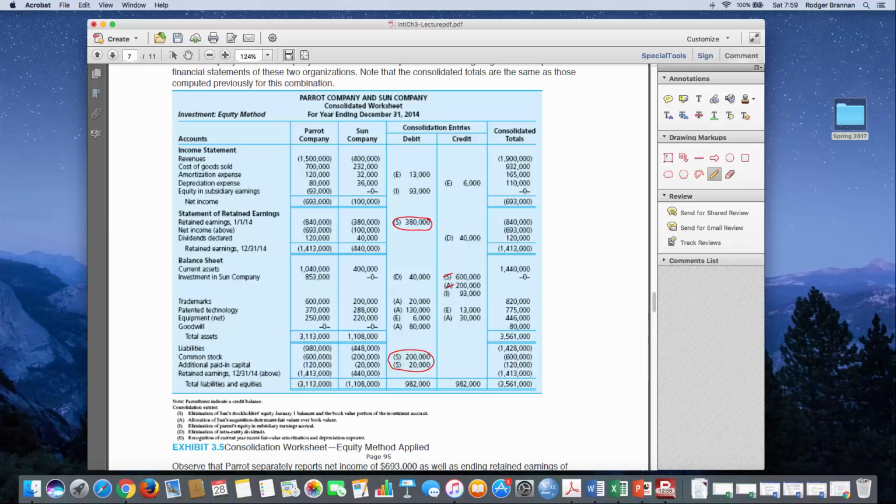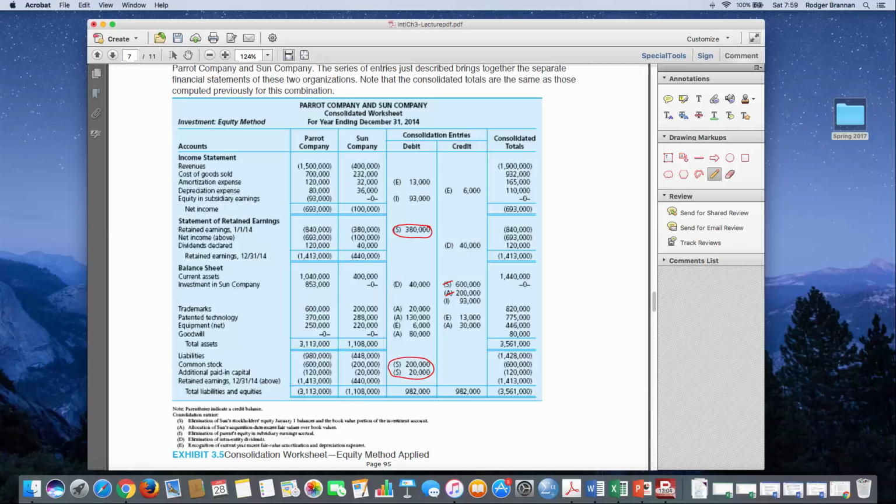Now, the second entry, as we alluded to a little bit earlier, is to recognize the fact that when you purchased the assets, you really paid $200,000 more. We're looking at the original 800,000 and eliminating this. But part of that investment account is made up of these items where we adjusted for the fair market value of the assets acquired.